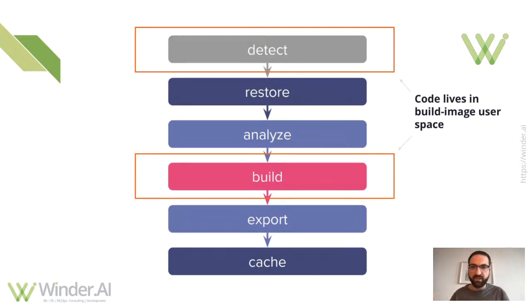It's a little bit complex, but on a high level, there are two important phases. Each buildpack runs a detection phase, which is essentially a script that looks into your code base and figures out whether it is suitable to build your project.